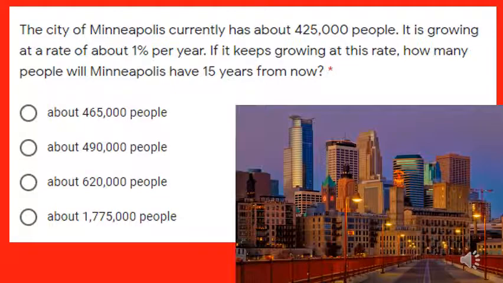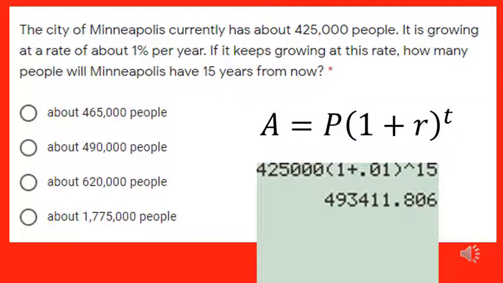And of course, then we move on to some story problems. The first one talks about Minneapolis, where right now there's 425,000 people. It's growing at a rate of 1% per year, and the question is, how many people will they have 15 years from now? So your basic growth formula says that you take P, the number there are now, times 1 plus R, raised to the t power.